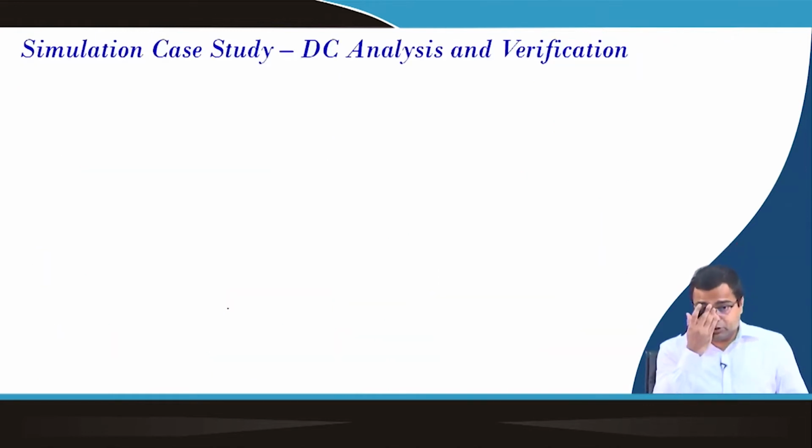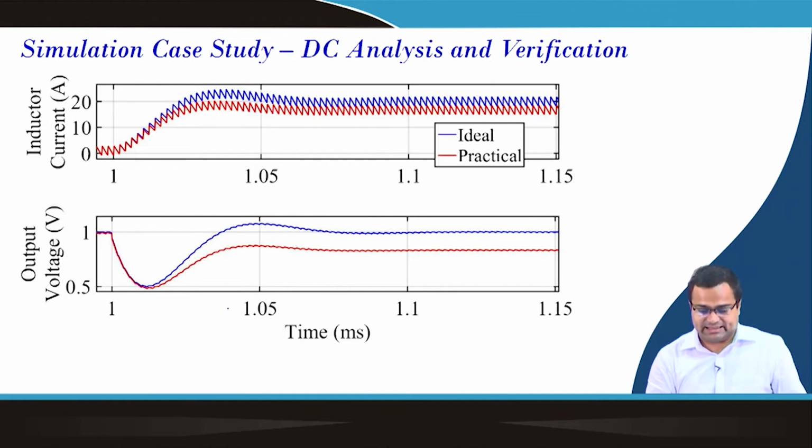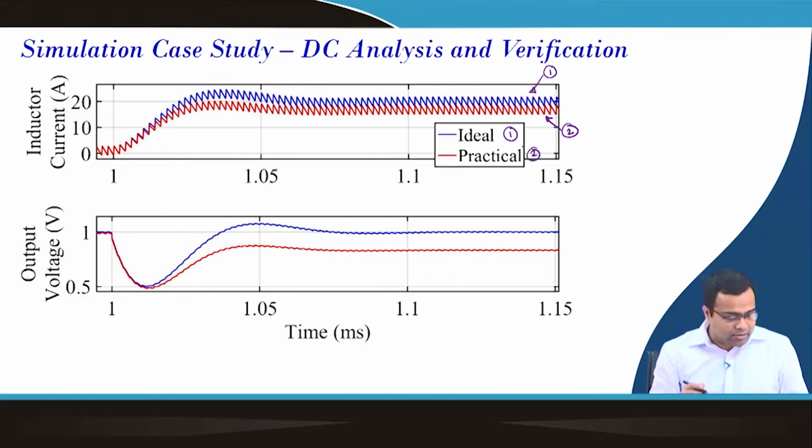Now, I want to show a simulation case study. Here, I am talking about an ideal synchronous buck converter and a practical synchronous buck converter, where the blue trace is the ideal one, and the red one is the practical one, which is number 2. What is my operating condition?